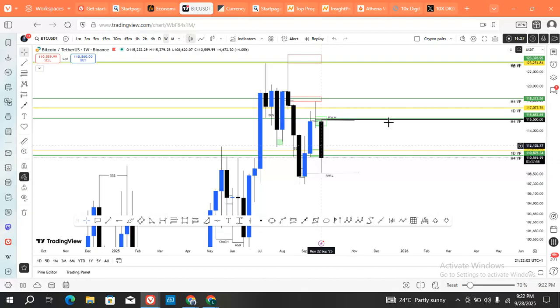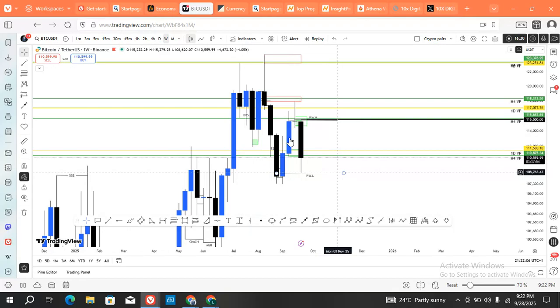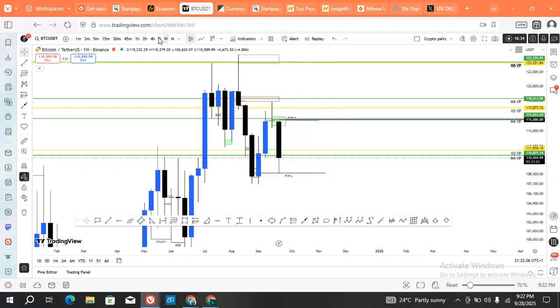So we have already updated the previous week high and previous week low of BTC. Now let's move to the daily time frame.